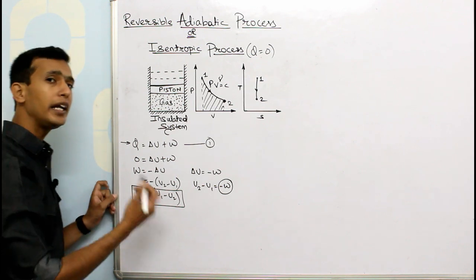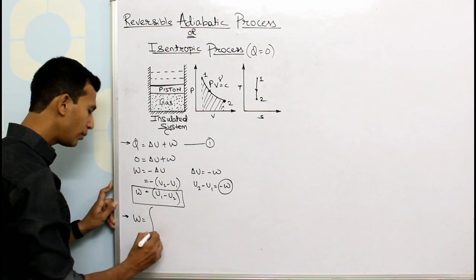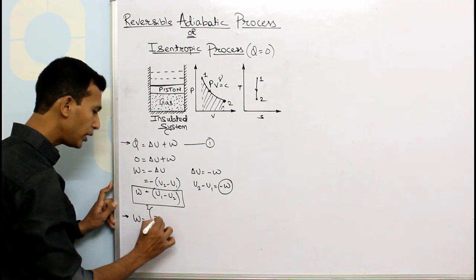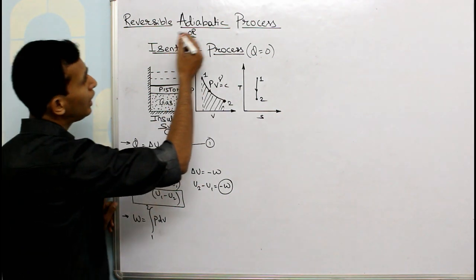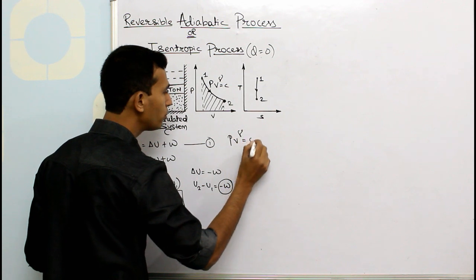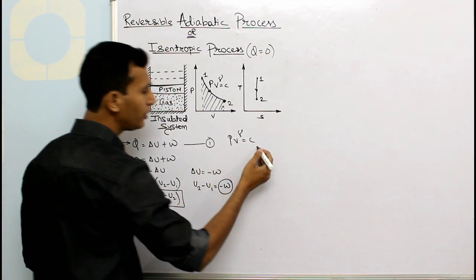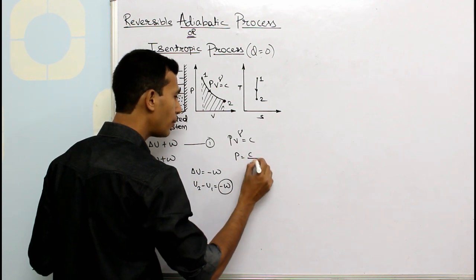Now calculating the W. For any closed system, W is given by the integration from 1 to 2 of P dV. Now for an adiabatic process, we have the equation PV raised to gamma equals C. As per this, I can write P is nothing but C divided by V raised to gamma.